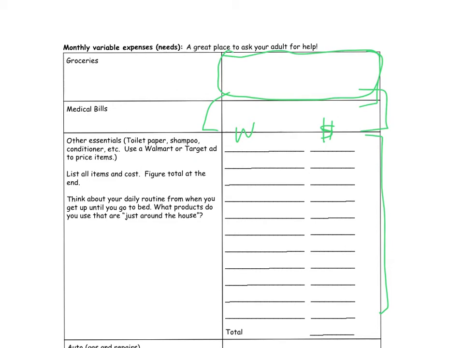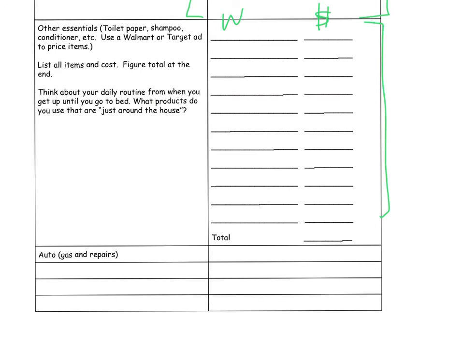But research what is an average amount of monthly medical bills that a person in your character situation would have. Other essentials. So think about what you use in your daily life: toilet paper, shampoo, conditioner, paper towel, dishwashing soap, laundry detergent, all those things that you use in your daily routine about your house that maybe you've never thought of.